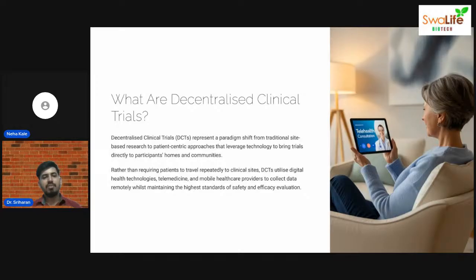The main focus while doing a decentralized clinical trial is that it is very helpful for the patient by avoiding travel burden, because some patients travel long distances from their geographical location, which creates a travel burden and also leads to patient dropout.